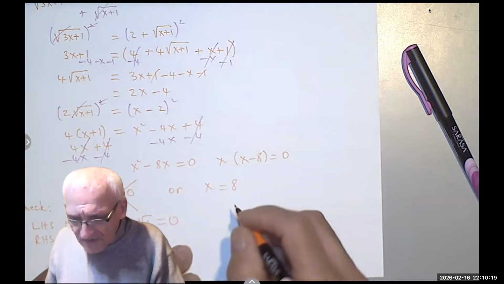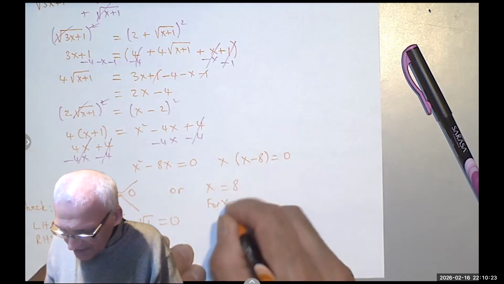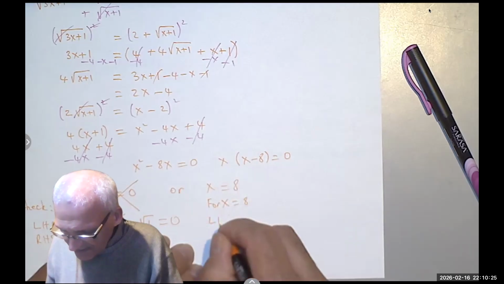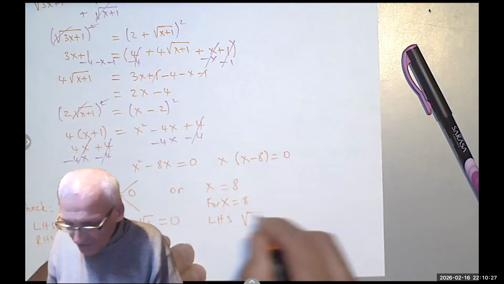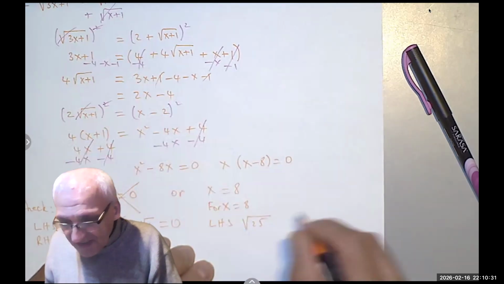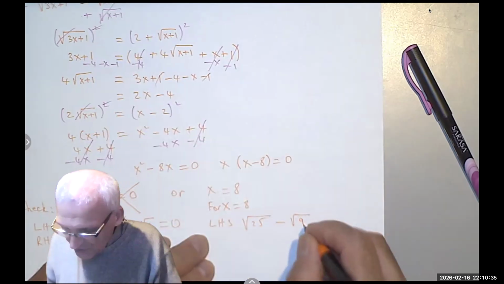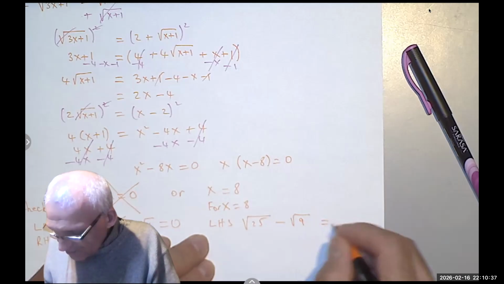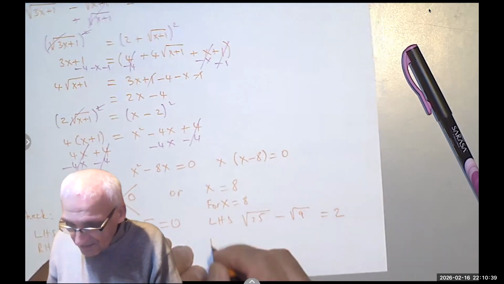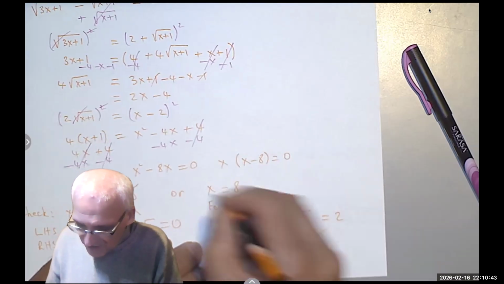What about x equals 8? For x equals 8, left-hand side: square root of 8 times 3 is 24, plus 1 is 25, minus the square root of 8 plus 1 is 9. So it's 5 minus 3 equals 2. Right-hand side, we already have it as 2, so it's correct.